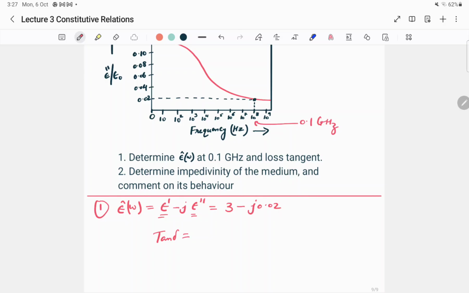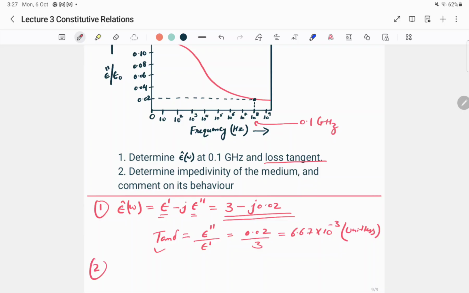And the loss tangent tan delta is equal to epsilon double prime over epsilon prime, which is 0.02 over 3, which is equal to 6.67 into 10 raised to minus 3. This is unitless. This is the loss tangent, and this is the value of complex permittivity of the medium.